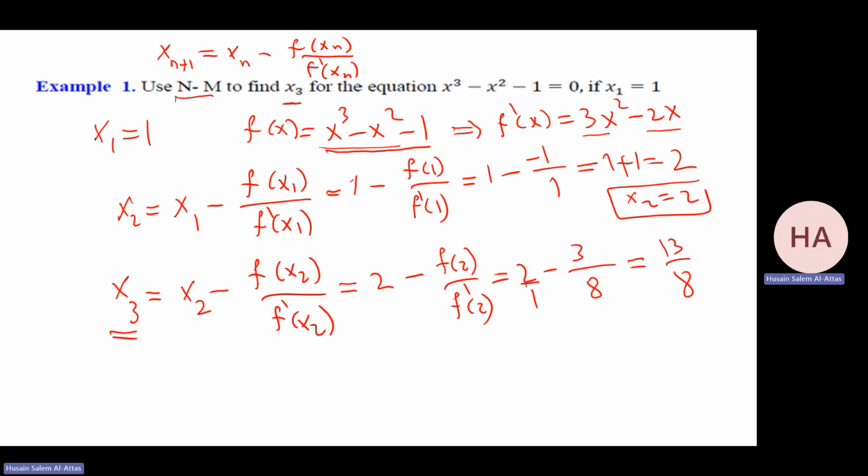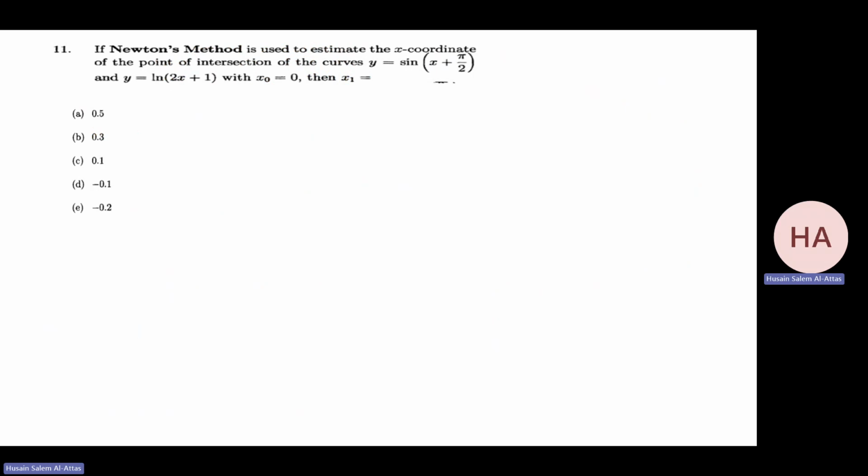That's mainly what we will do. We'll do problems now. It's going around the same idea. If Newton's method is used to approximate the x coordinate, what do I mean by x coordinate?